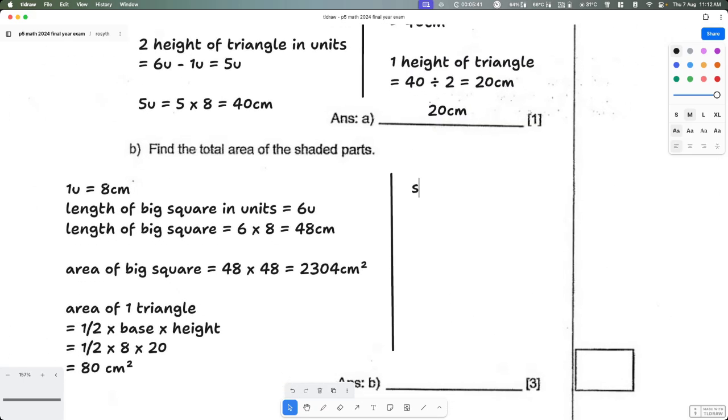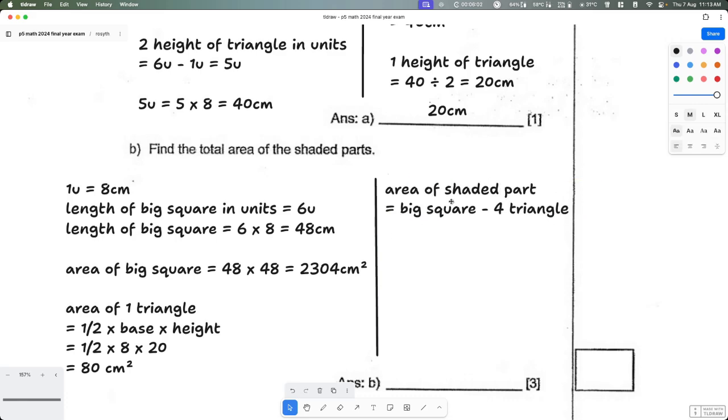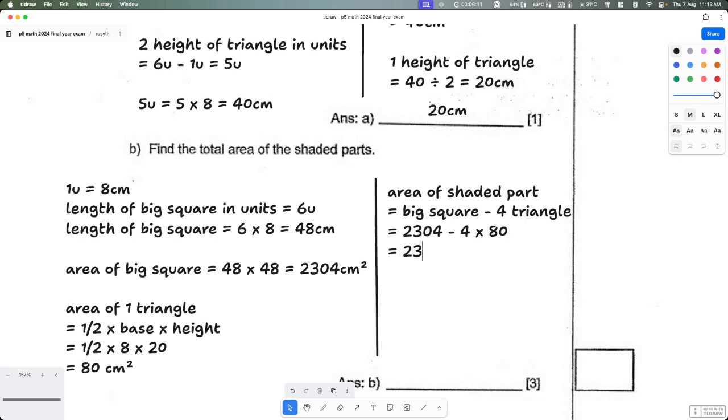So basically the area of the shaded part is the big square minus 4 triangles. The big square is 2304, minus 4 times the triangle, 80. So this will be 2304 minus 4 times 80, which is 320.